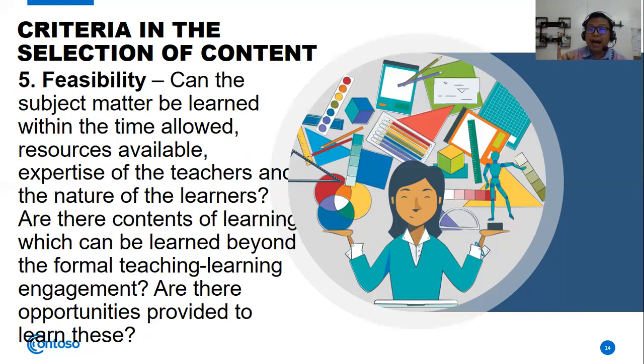In your lesson plan, in the prefatory statement, you may say within 1 hour of collaborative learning activities and independent learning activities. It's 1 hour, but your topic is broad and it needs 2 hours for the entire presentation. So it's not feasible. You are violating this particular criterion in the selection of the content.